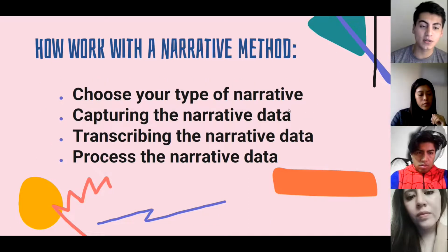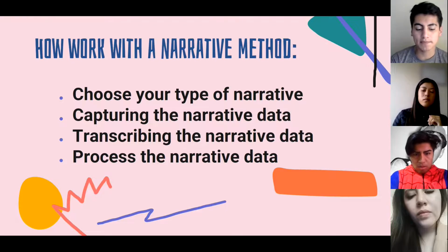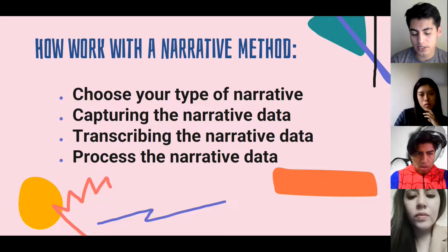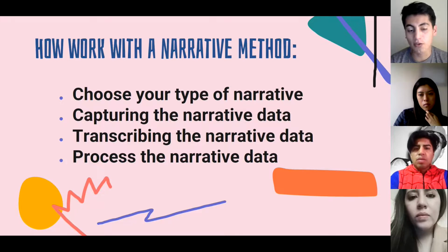Okay, so I'm going to teach you how to work with this narrative method. It can sometimes be difficult to know what to do because the information is too general. And yeah, collecting someone's story can be hard, especially if you're trying to do it in a scientific way. So first you need to do these four things.